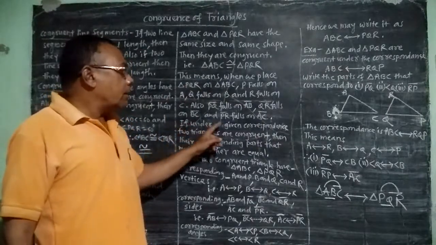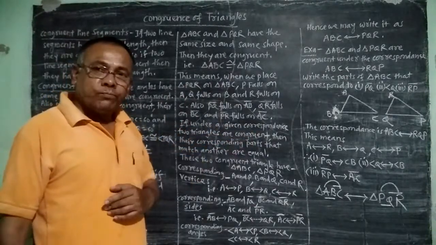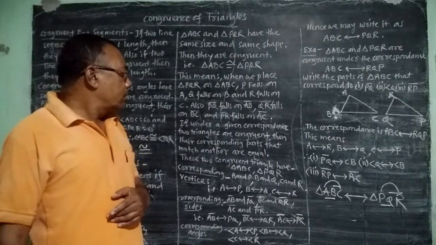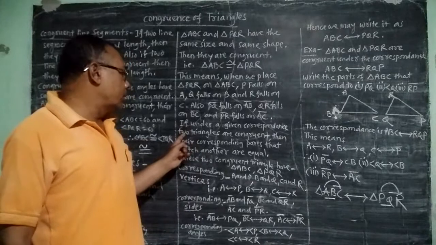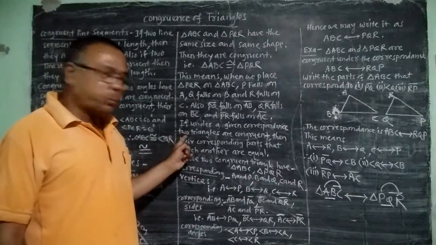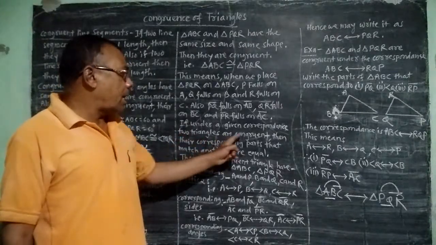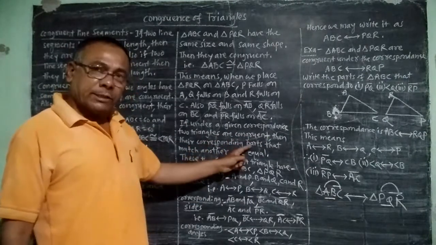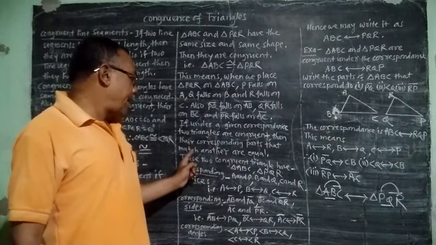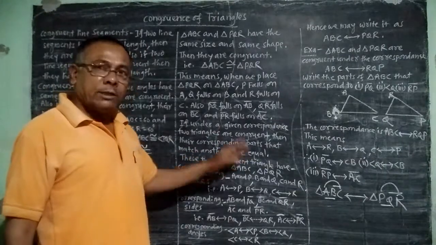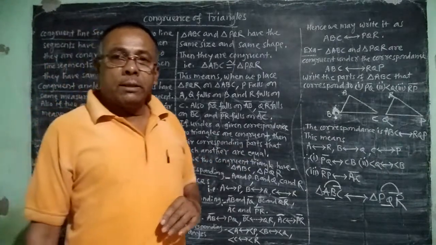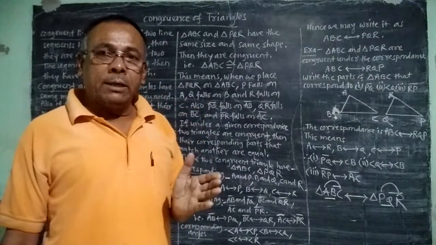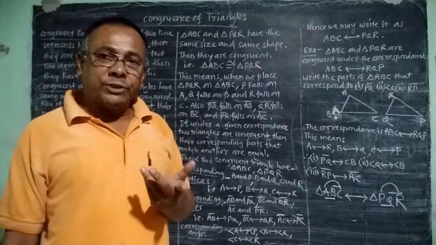If under a given correspondence, two triangles are congruent, then their corresponding parts that match one another are equal. Means the corresponding parts, which are the parts?